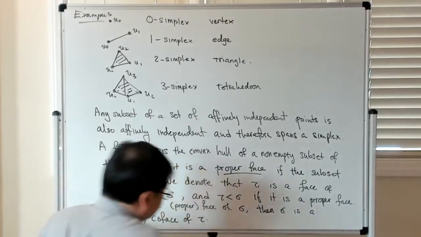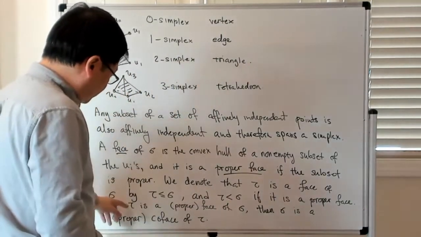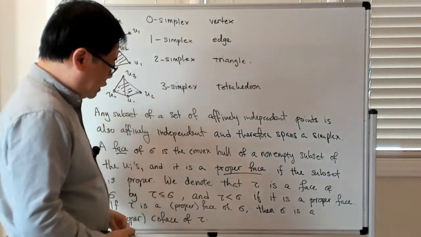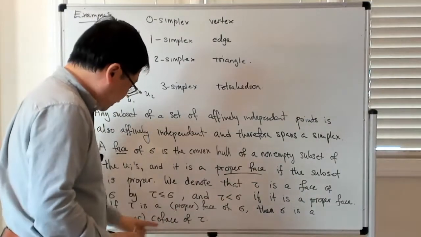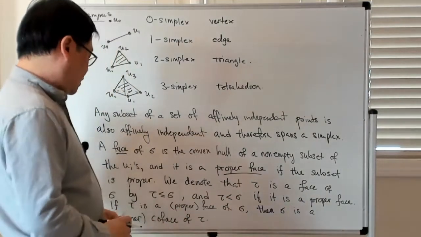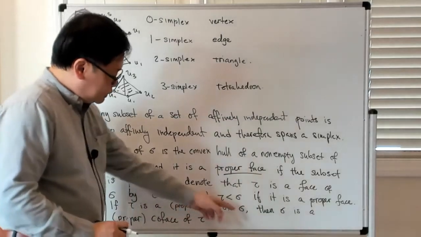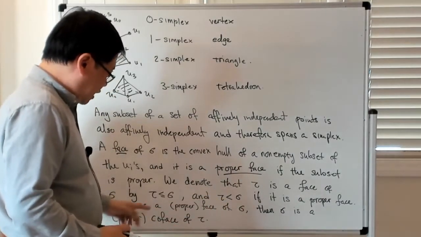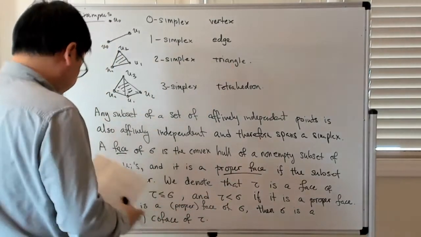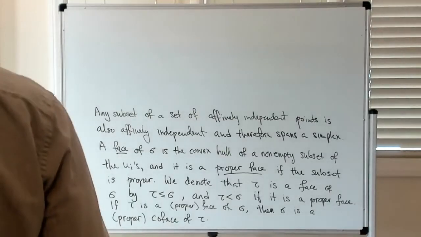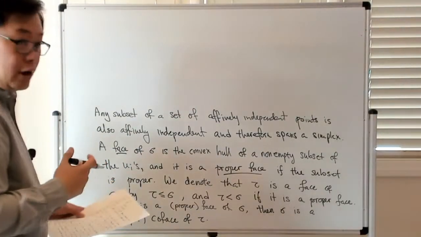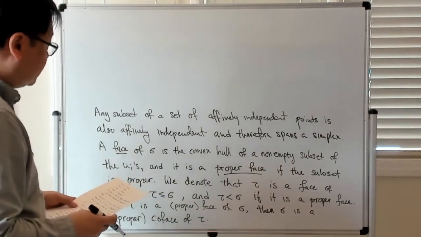Again, if tau is a face of sigma, then sigma is a coface of tau. And if tau is a proper face of sigma, then sigma is a proper coface of tau. Now let's define a few additional operations on simplices.